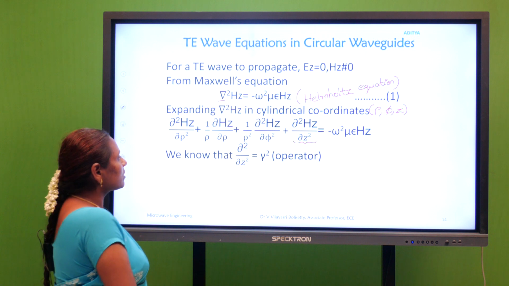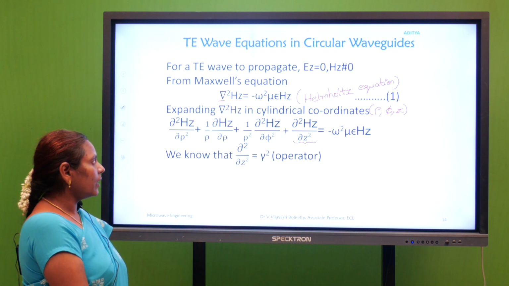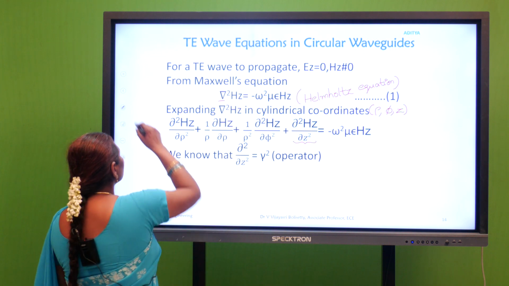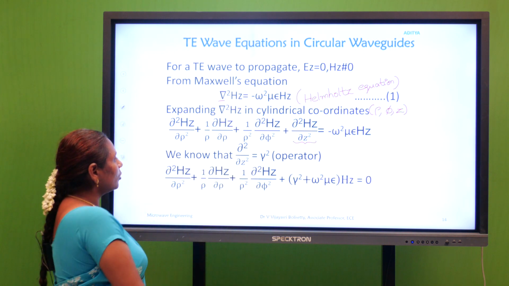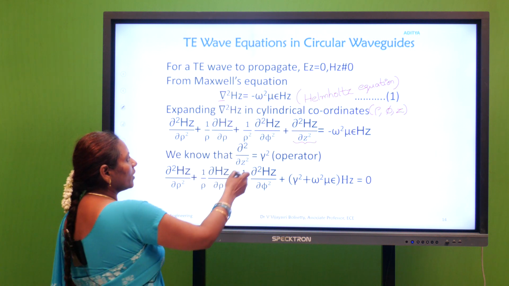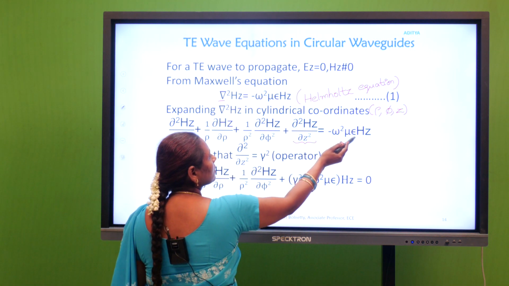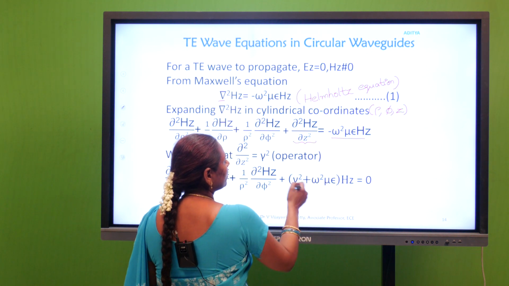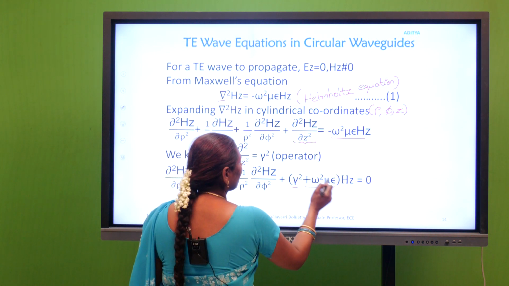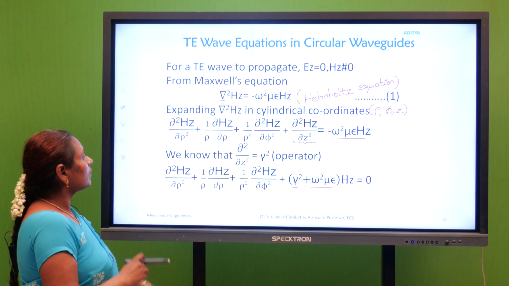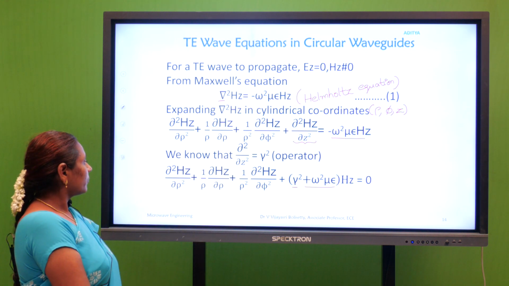Dou square by dou z square is represented as gamma square, and let us rewrite the equation with gamma square. If we bring this minus omega square mu epsilon to this side, we get plus omega square mu epsilon Hz, and so the entire equation takes this form.